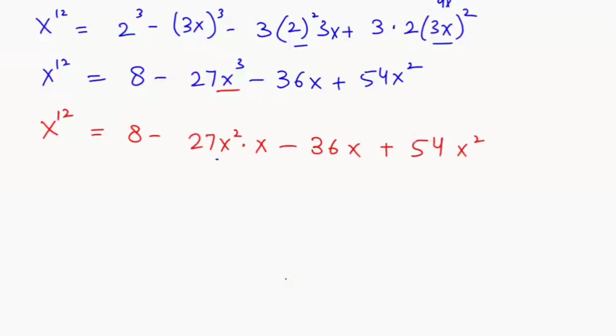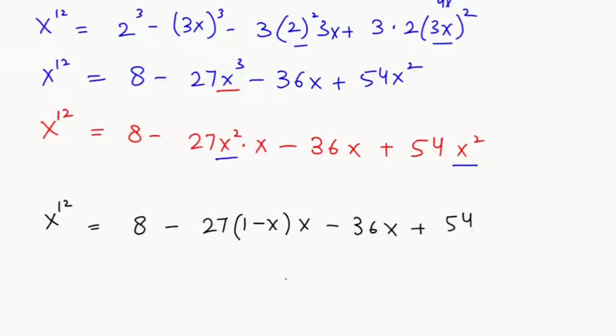Now in replacement of these x squared terms, I'm going to write the x squared value, that is 1 minus x. x to the power of 12 is equal to 8 minus 27 times (1 minus x) times x minus 36x plus 54 times (1 minus x).